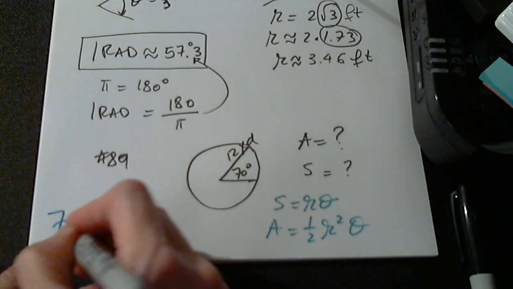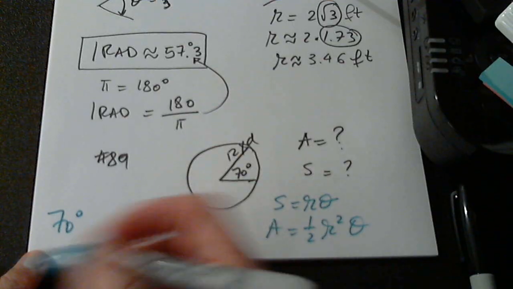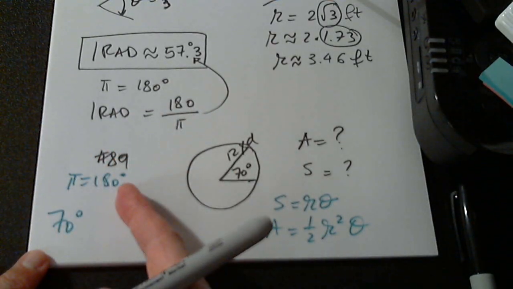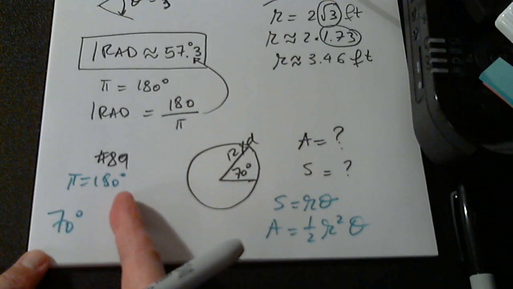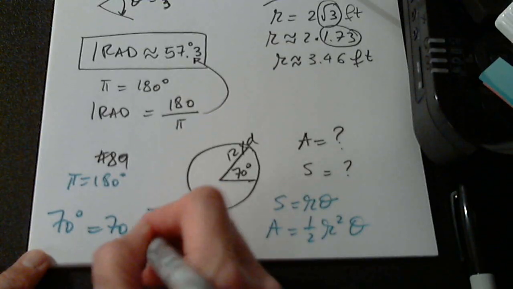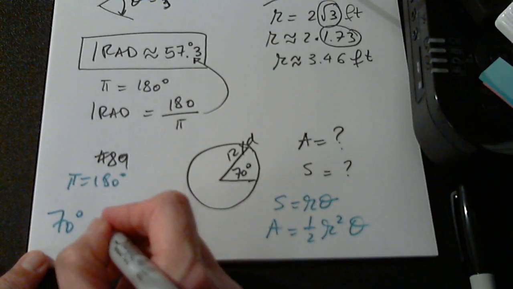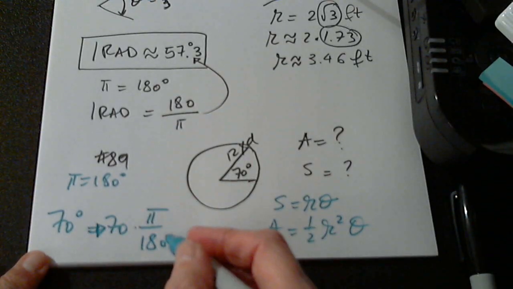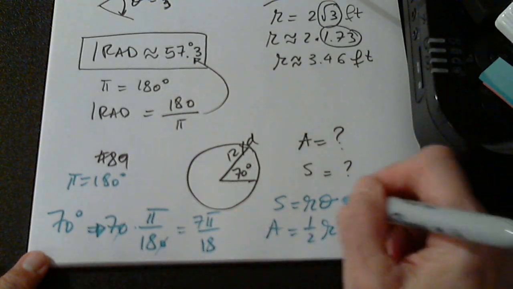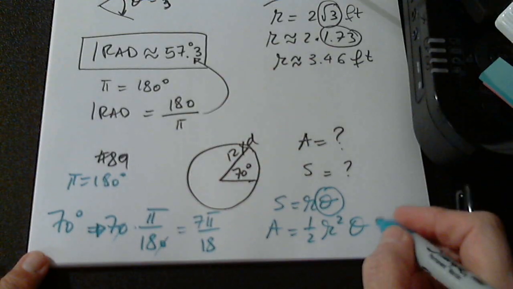No problem. 70 degrees. Remember, if you forgot, pi equals 180 degrees. 1 degree is pi over 180. So 70 will be 70 times pi over 180. Maybe I should just put an arrow. And I have 7 pi over 18. So this is 7 pi over 18.